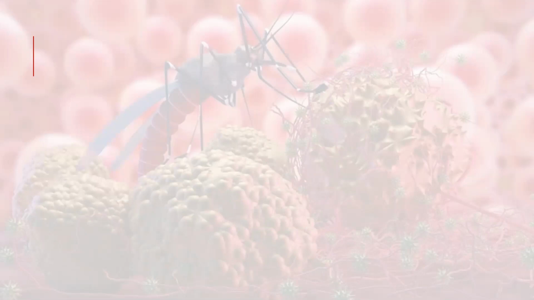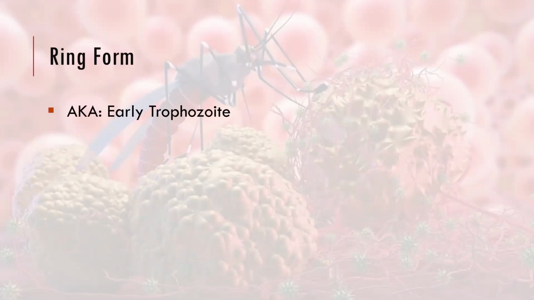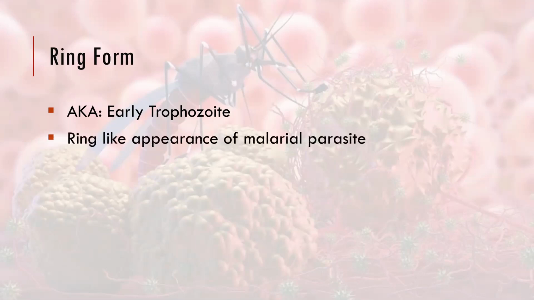Now, the question is, what is a ring form? Ring form is also known as the early trophozoite form. And from the word itself, it appears like a ring, a ring-like appearance of a parasite.